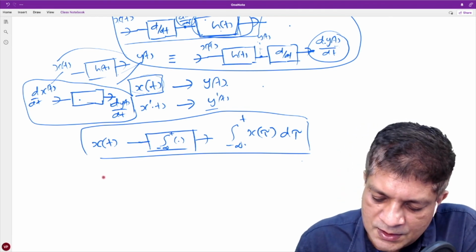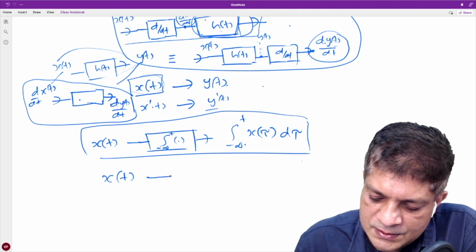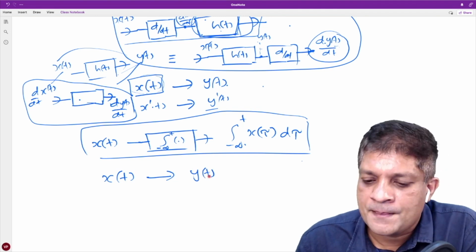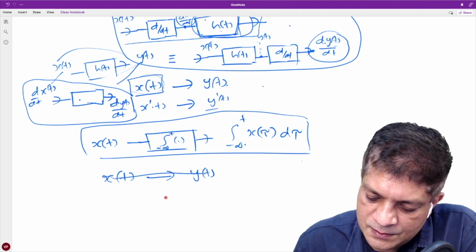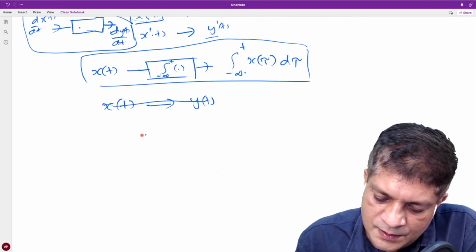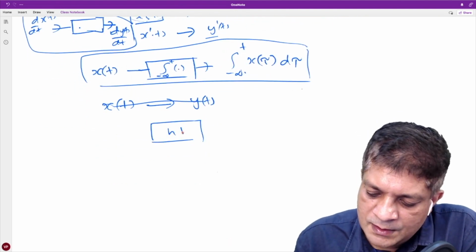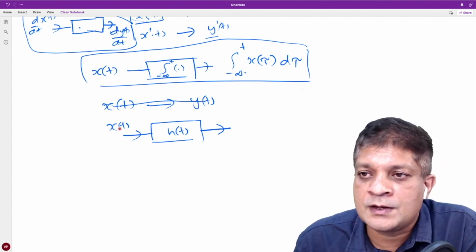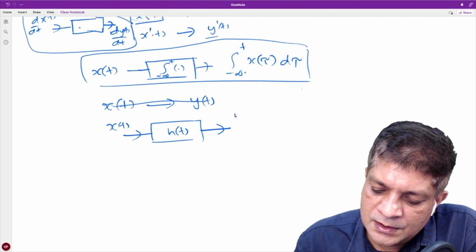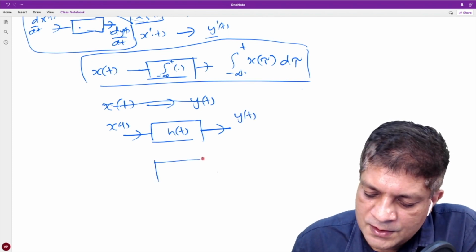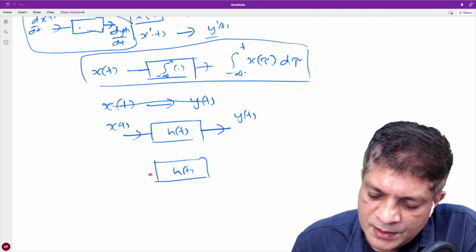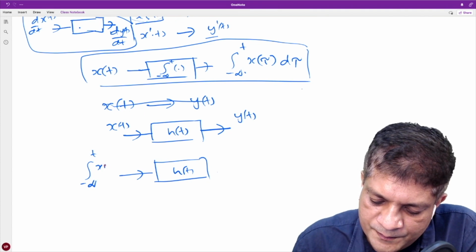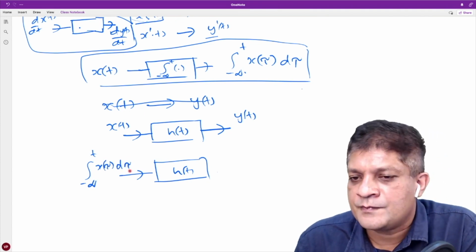So the property is that if you have a linear time invariant system with impulse response h(t), and if you give x(t) as the input and the output is y(t), then if we give the integral of x(t) as the input to the same system, what will be the output?